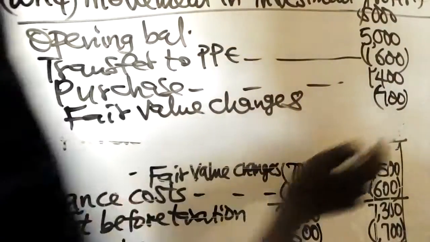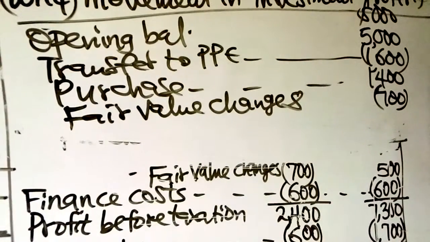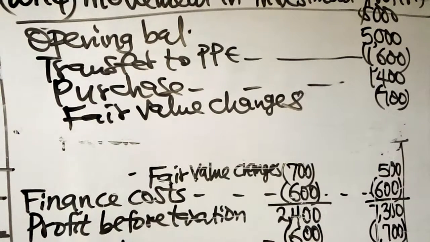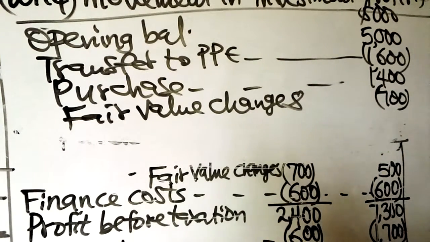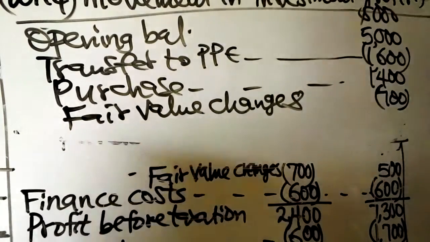So the investment property will reduce. Then you compare this with the closing balance. So 5,000 minus 1,600 plus 1,400 minus 700. Then you have 4,100.